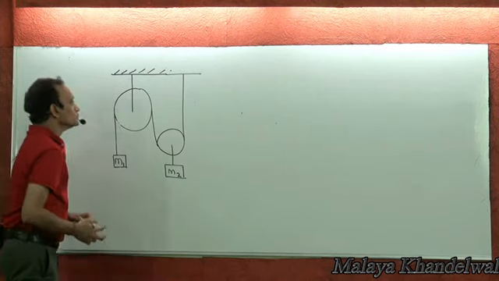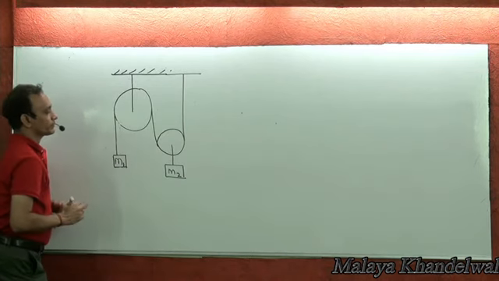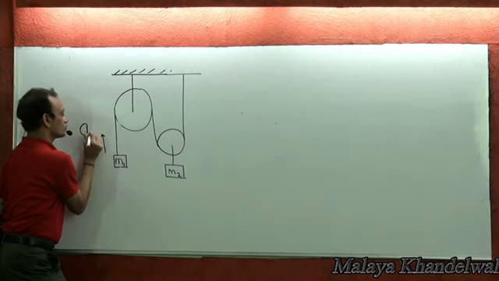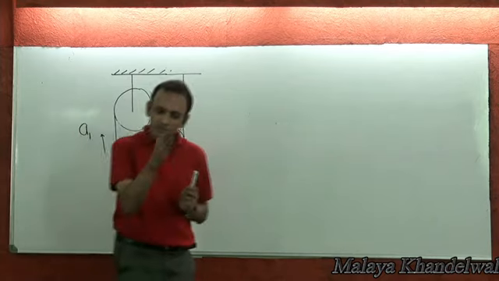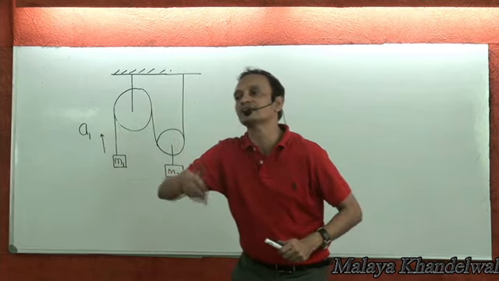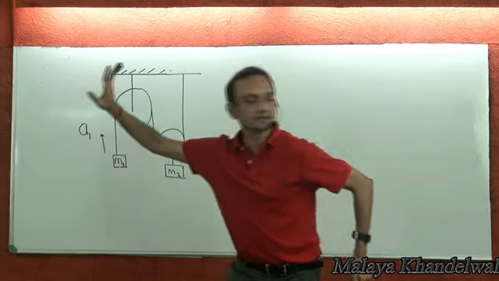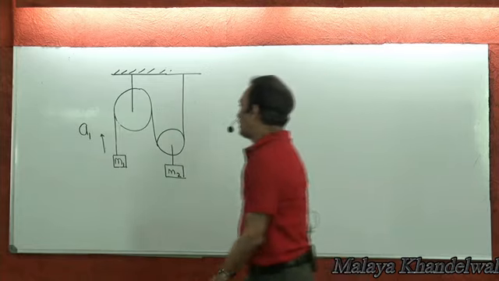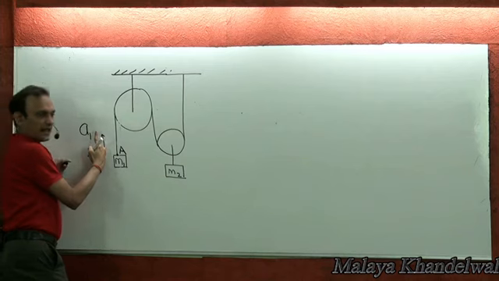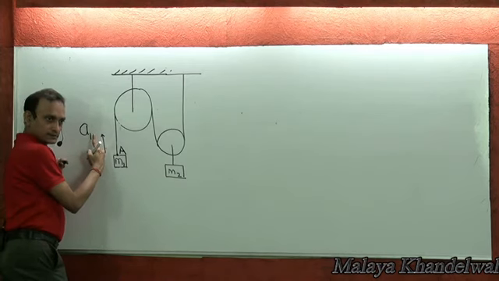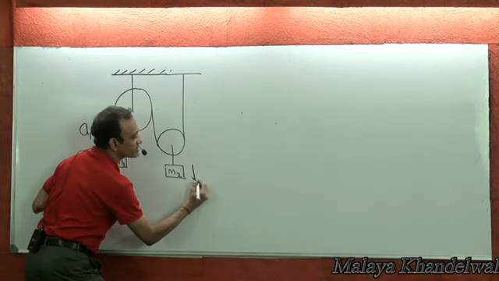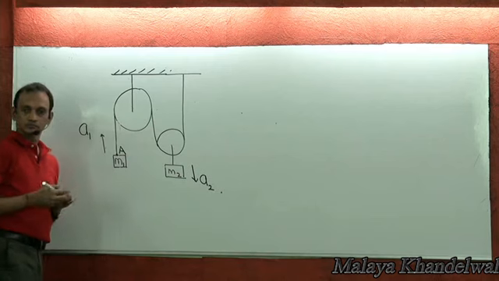Now, say this has an acceleration a1 upwards. And by the way, again, I repeat, might have become cliched, but I want to reiterate that whatever I'm doing with accelerations, exactly the same thing I could do with velocities. Right? Say, this is my node A, and it has an acceleration a1 upwards. Right? This mass m2 at this end, say, has an acceleration a2 downwards.